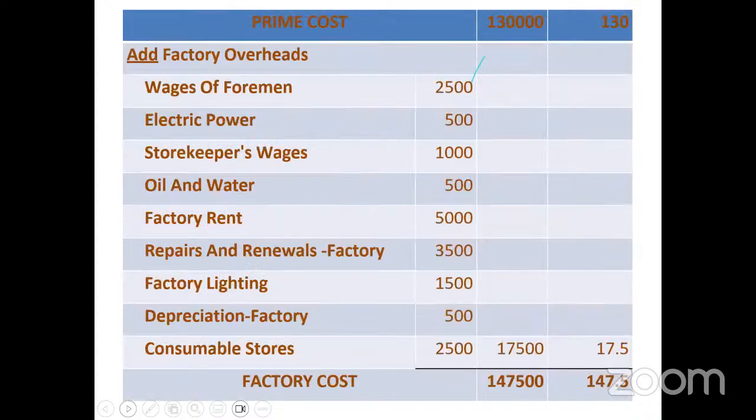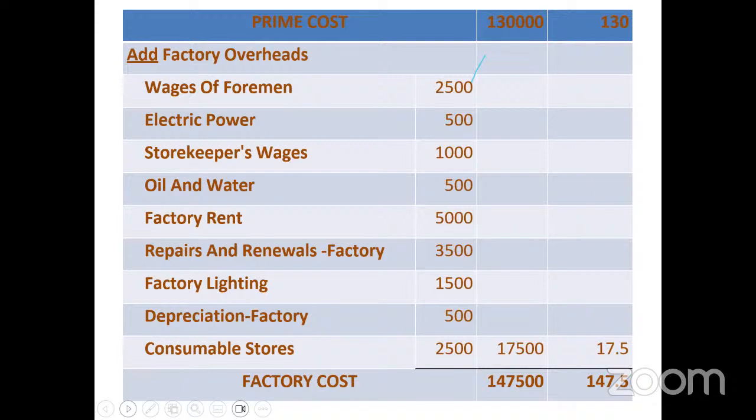Okay. Yes. Then look here, after getting prime cost, we have already got the prime cost as 1,30,000. So you just add the factory overheads. So these all are components of factory overheads: wages of foreman, electric consumption of your factory, storekeeper's wages, oil and water, factory rent, renewal and repairs of the factory, factory lighting, depreciation of the factory, consumable stores expenses. So these all are the expenses which come under production overhead, factory overhead, or works overhead.